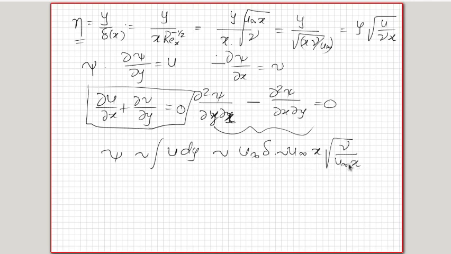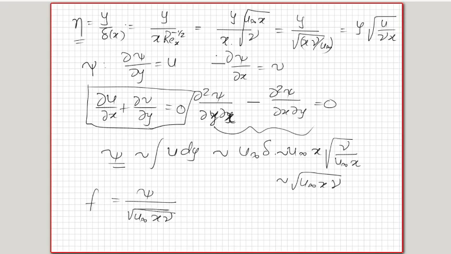Okay, so then what happens? This u∞x, they get cancelled inside the square root. So this becomes of the order of square root of u∞ x ν. So I can non-dimensionalize ψ with respect to this to get a function f, which is ψ divided by the square root of u∞ x ν.